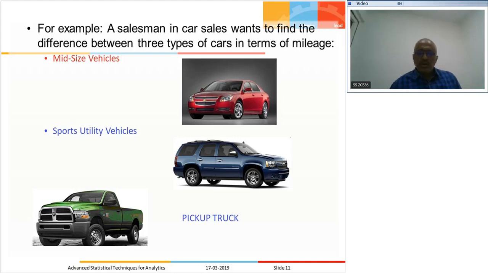That means here we have population 1, population 2, and population 3. And what is the hypothesis of the claim we are going to validate or verify? It is the average mileage related to all three models, right? So mu1 equal to mu2 equal to mu3 is the claim we have to validate.